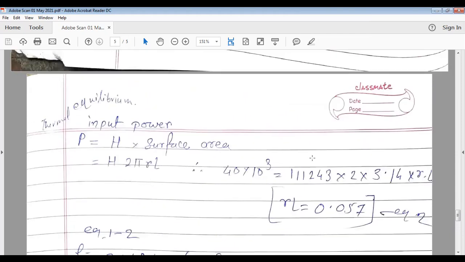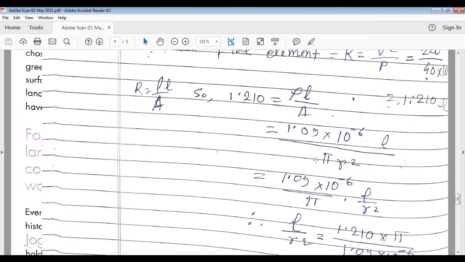These are our calculations. In this way we can calculate the nichrome wire or heater length and radius. And if you get the radius, then you can easily find the diameter. So the problem comes in this way.